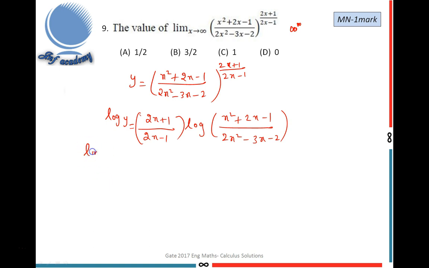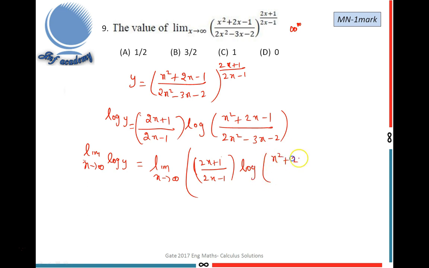Next, I took the limit: limit x tends to infinity of log y equal to limit x tends to infinity of this function. The limit of a product of two functions is equal to the product of the limits of the functions. This is one property of limit.